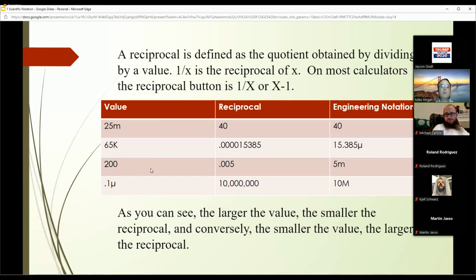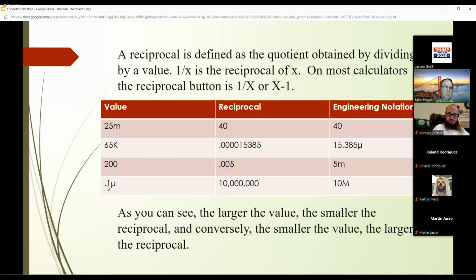Other examples: 1 divided by 200 to get the reciprocal gives 0.005. I can move that 3 places and get 5 milli. Now 0.1 micro: remember, micro is times 10 to the negative 6. We typically would not do this; we don't like starting a number with a decimal and using a prefix.